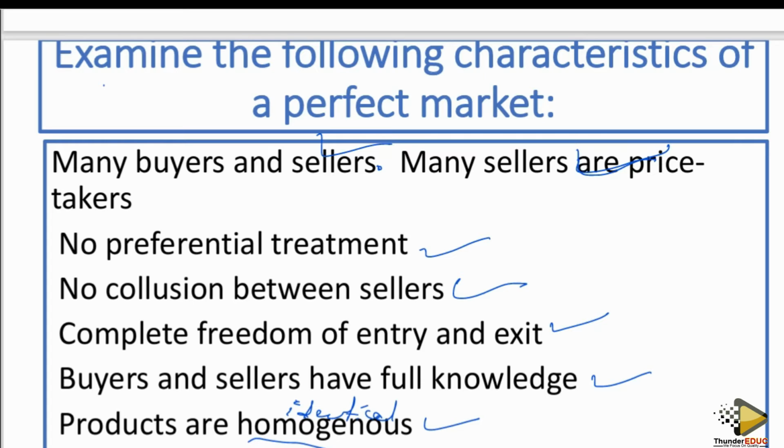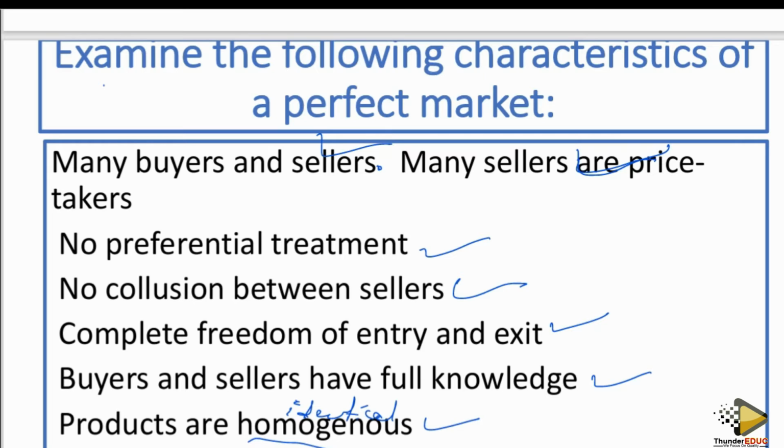The moment you change the price of your product, customers are going to run away from you and go to other businesses. In that regard, your market share is going to be very, very small.